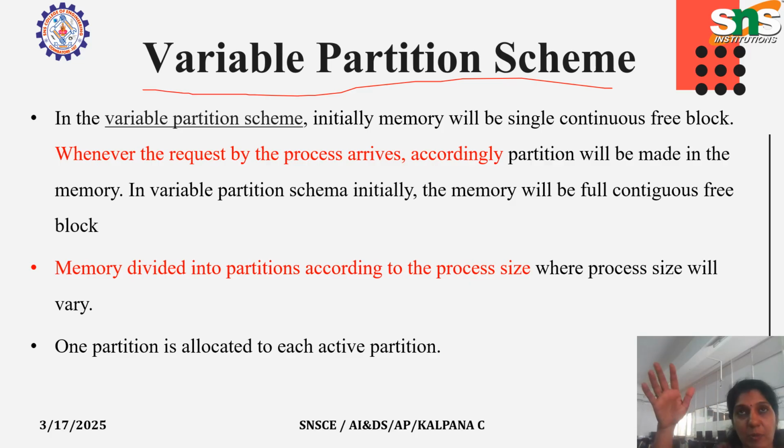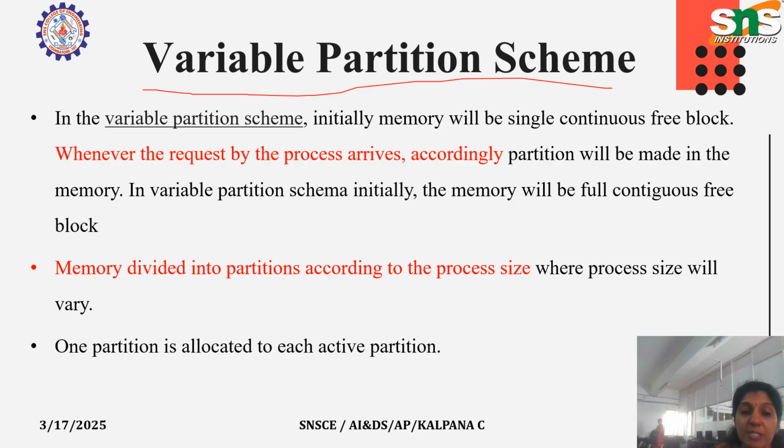For example, a process of 20 MB is coming inside and is going to access the main memory. At that time, without any partition, your operating system is going to allocate the 20 MB process into the main memory. So here we are not partitioning. We are not going to segregate any type of blocks in the main memory. Whenever the request by the process arrives, accordingly the partition will be made in the memory.